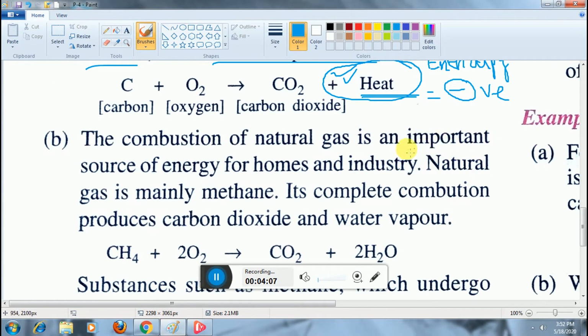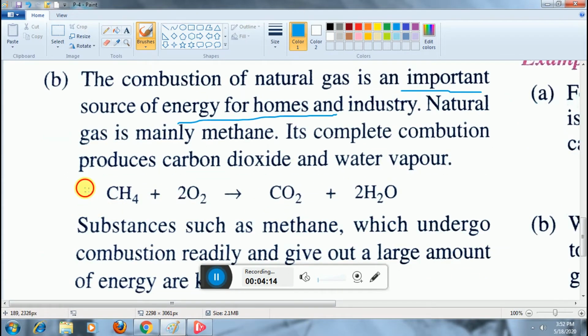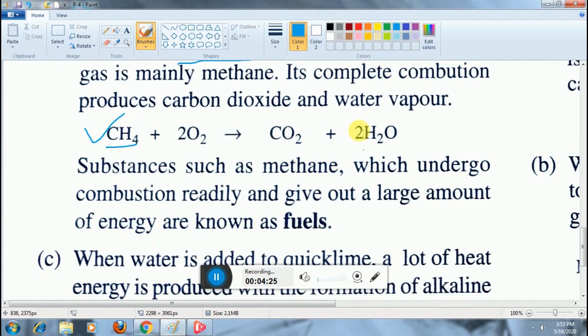Combustion of natural gas is another important source of energy, and this combustion is exothermic in nature. This is the case for methane. You can write propane, butane, ethane also. These are all exothermic reactions.